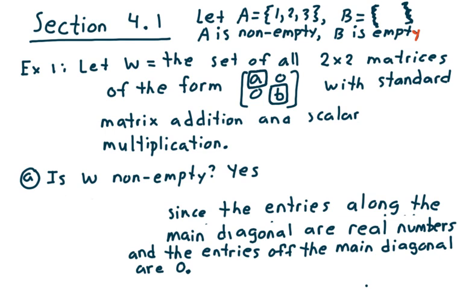Okay? Now, is W a non-empty set? The answer is yes. How do I show that W is non-empty? I want to show that W has the 0 matrix.